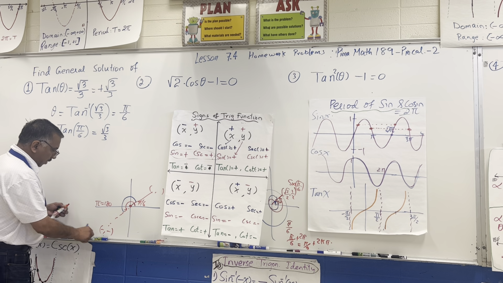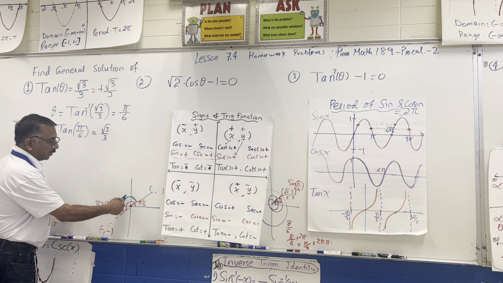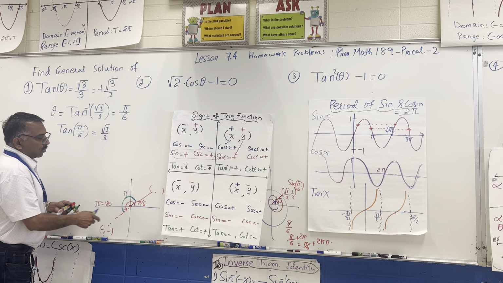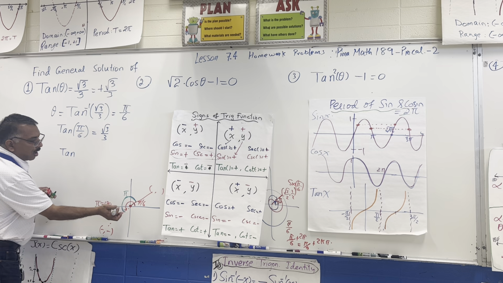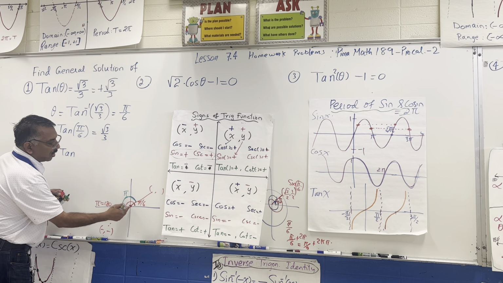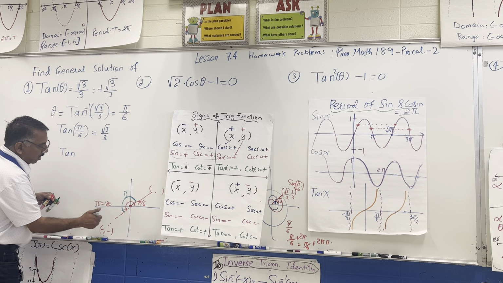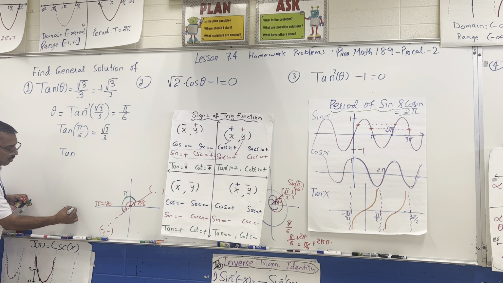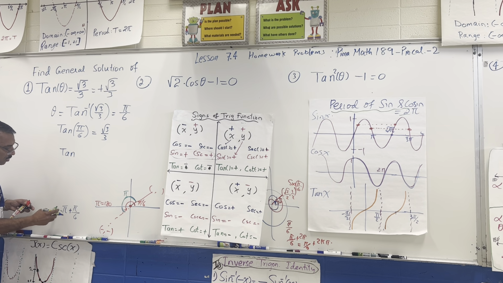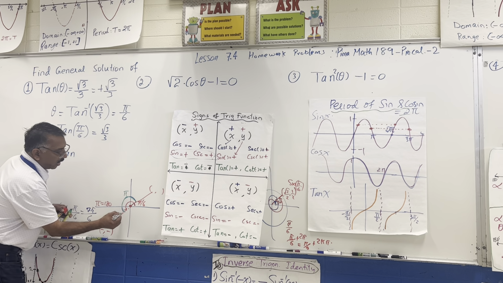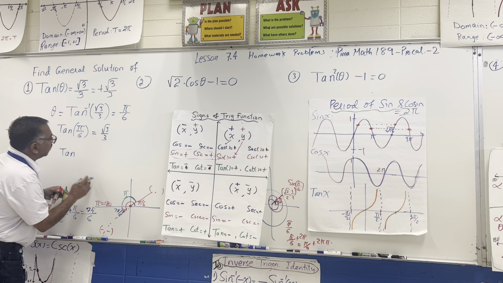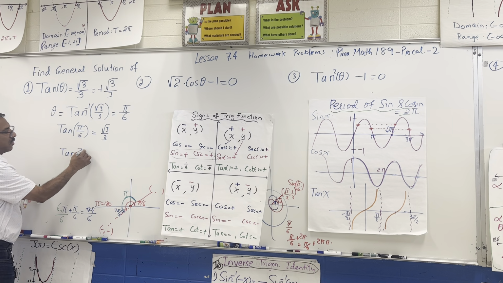So the other angle that you can think of is tan of pi plus pi by 6. You multiply by 6 and divide by 6, you get 6 pi and 1 pi is 7 pi by 6. So this angle is 7 pi by 6. So it's not just pi by 6, it's also 7 pi by 6.